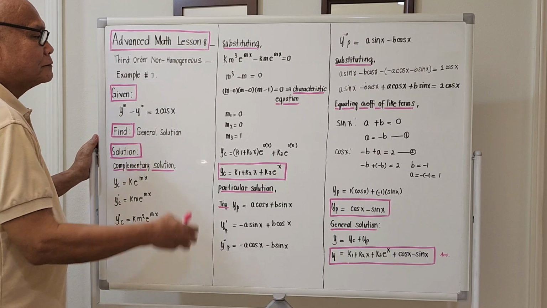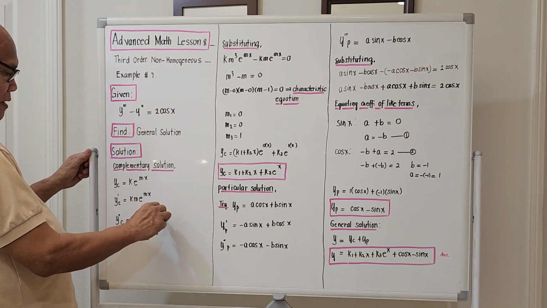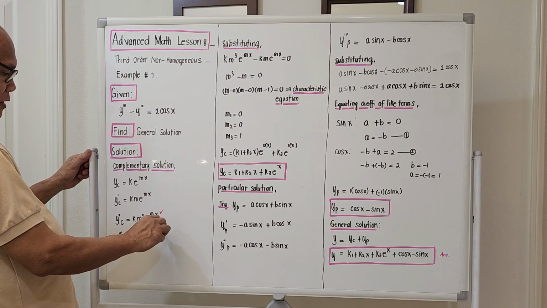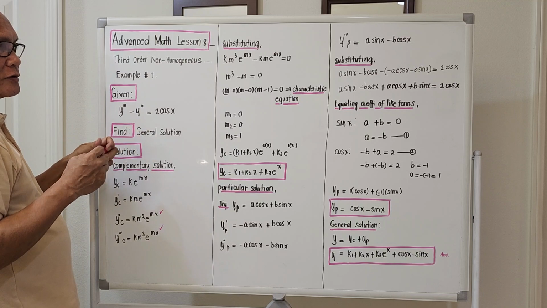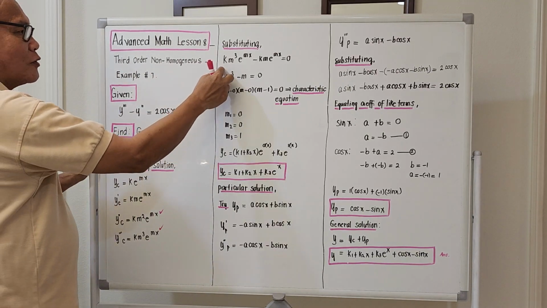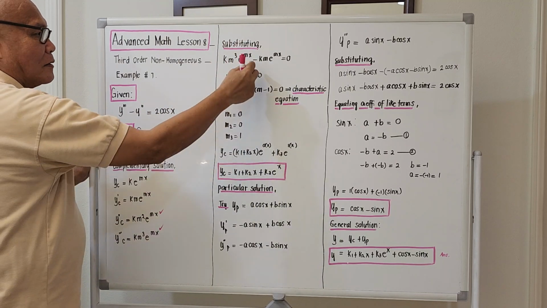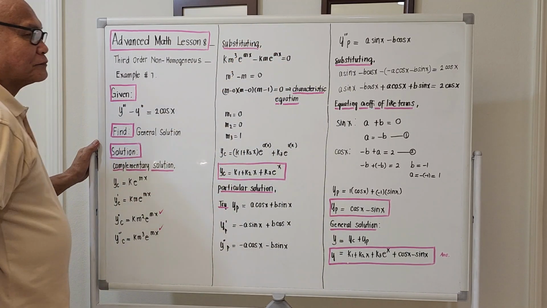Substituting, we will take the value of y double prime and the value of y triple prime and put them in the original third order differential equation. After the substitution, what will come out will be km cube e to the mx minus km e to the mx equal to 0.